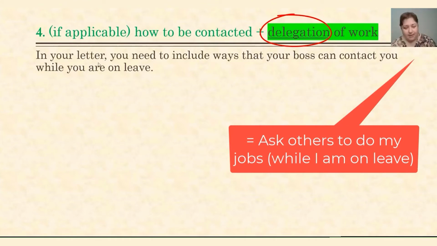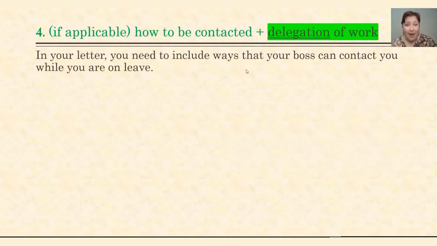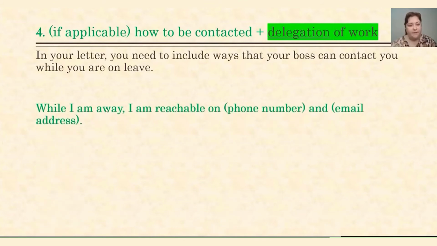So in your letter, you need to include ways that your boss can contact you while you are on leave. And this is a very good way that you can say it. While I am away, while I'm on leave, I am reachable. That means you can contact me, you can reach me. I am reachable on, and you give your phone number and your email address.